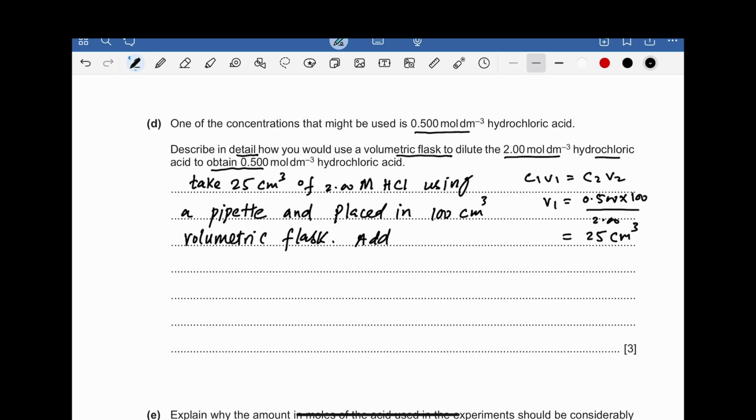Add water to the flask to make up to the mark.